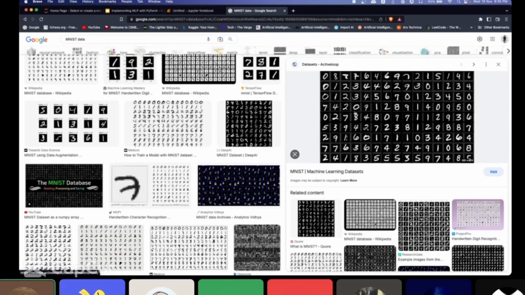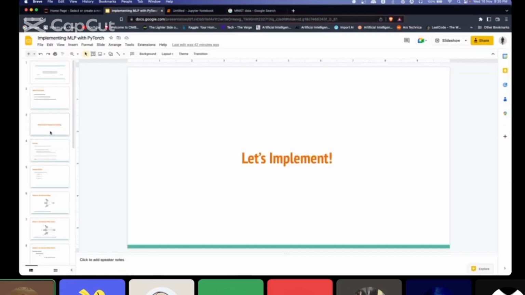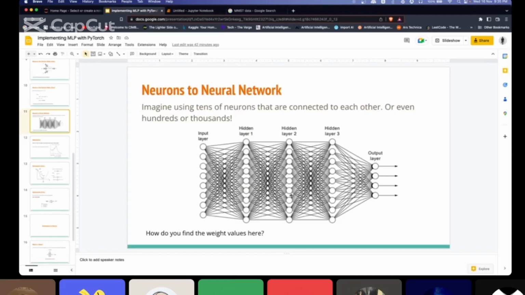So this is some example of it. You can see that even though these three numbers are the same, 2 2 2, they're written differently, right? So it's obvious that you can't implement some sort of solution or decision maker using rule-based traditional programming. I mean, how are you going to implement the rules to decide this is 2, this is 3? You can't. So what you do instead is implement a neural network like this and let the neural network learn the weights so that it can output the value that we want.